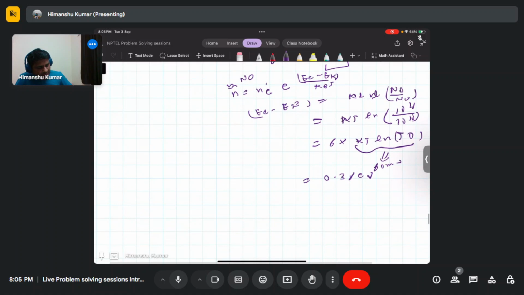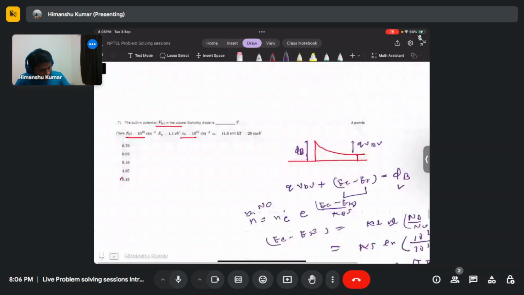So the built-in voltage, VBI, equals phi_B minus (EC minus EF). Phi_B is given as 0.62.